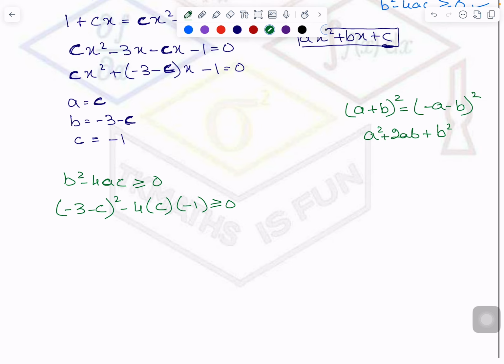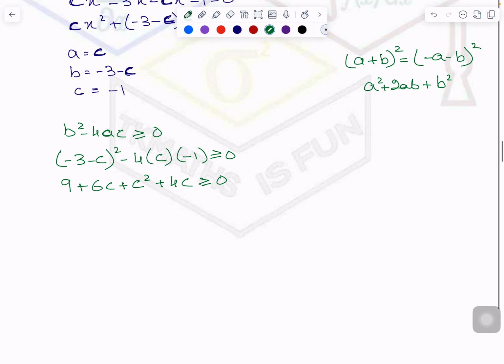It will become 9 plus 6c plus c square, and minus minus plus 4c. So now it will become c square plus 10c plus 9 greater than or equal to 0.